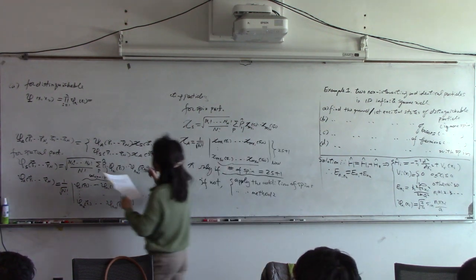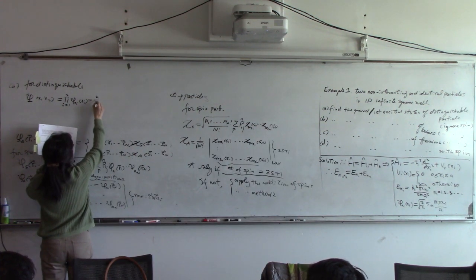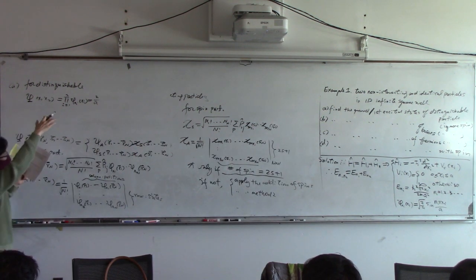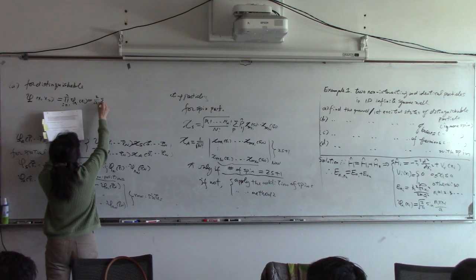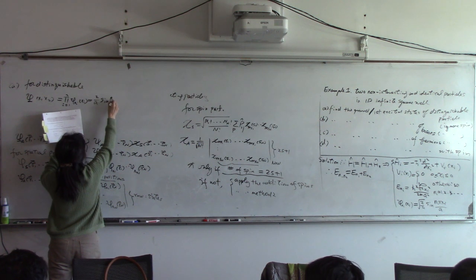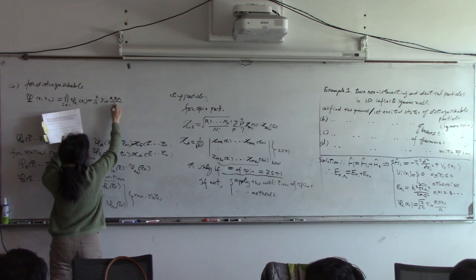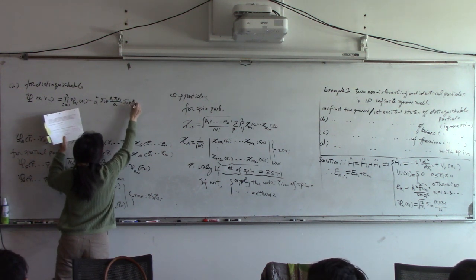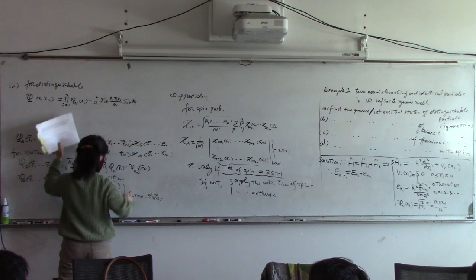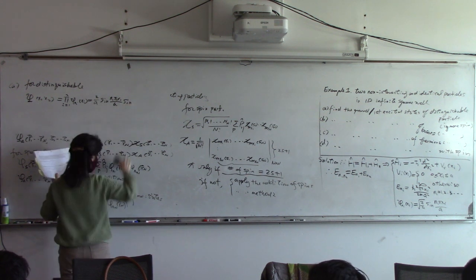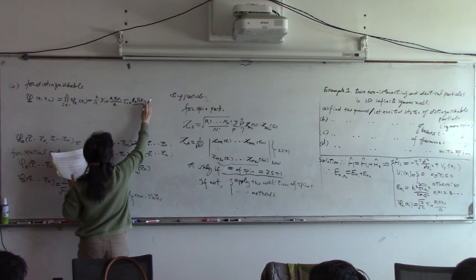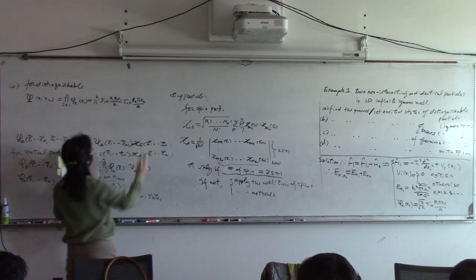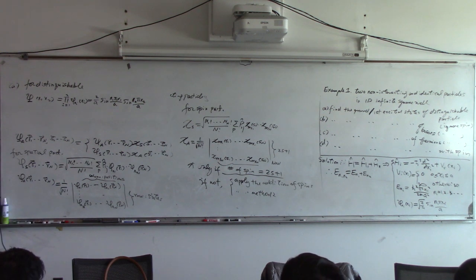So we have just simply, since the square root of 2 over a appears twice, that is 2 over a with the square root removed, times sine n1 pi x1 over a, times sine n2 pi x2 over a. That's all.